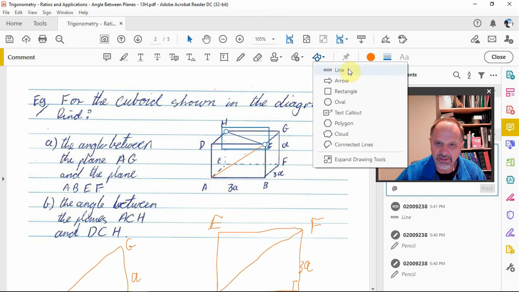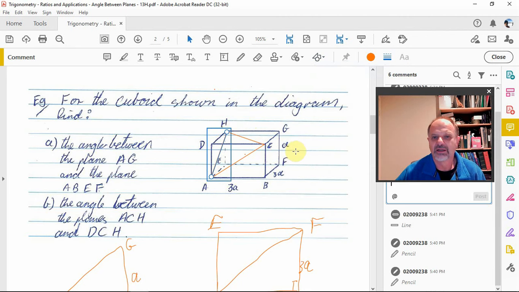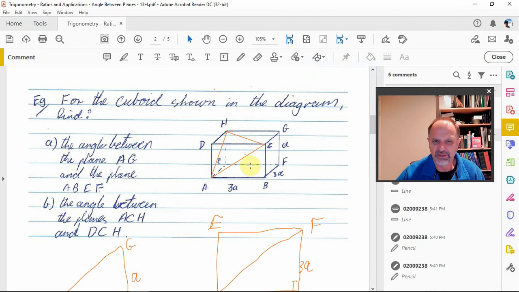And so if I then go from here down to here, that kind of completes that a little bit. So we got this kind of triangular shape. Now we want the angle between that and DCH. So DCH is this bit up the top.